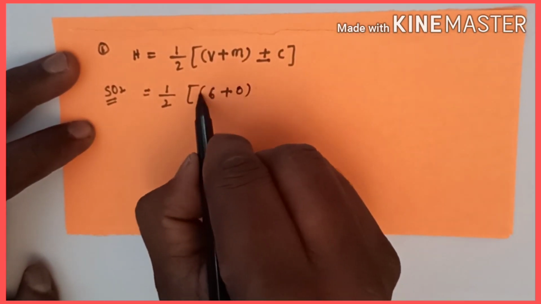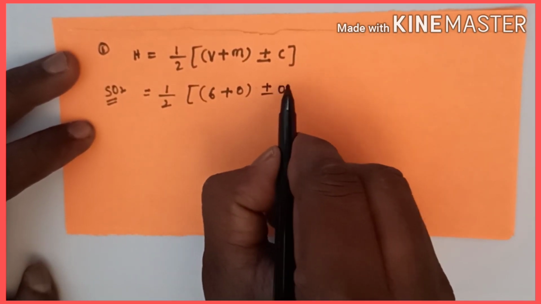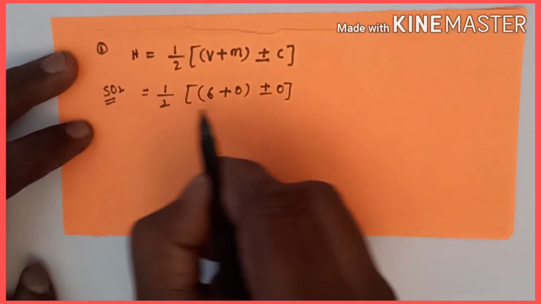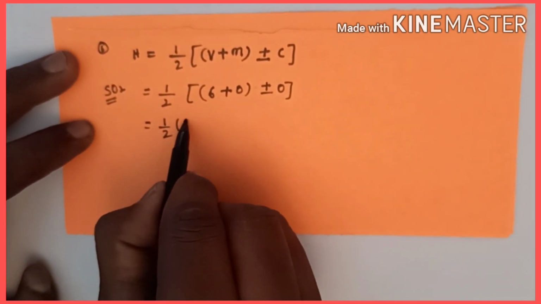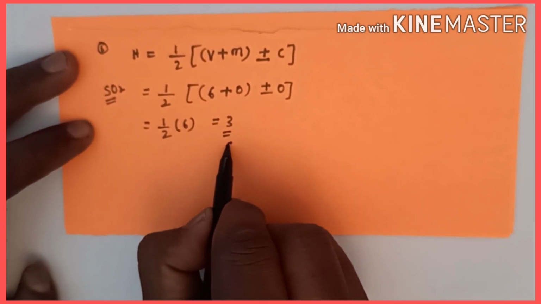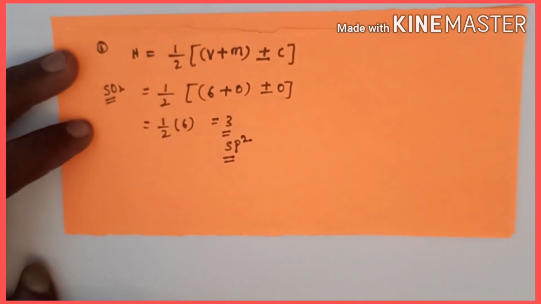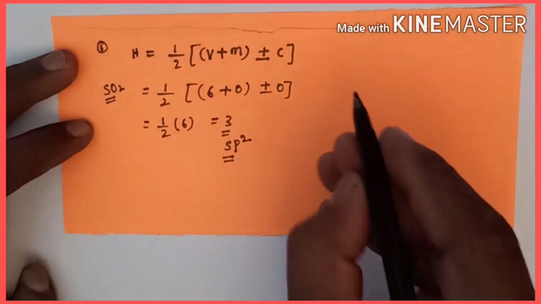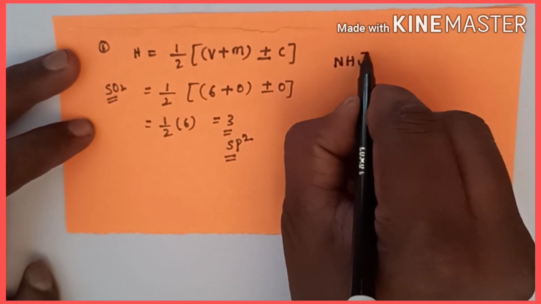Monovalent atoms connected here, none, 0, plus or minus 0, since it is not a cation and not an anion. Then it is half into 6, which is 3. If it is 3, hybridization is sp2. Is it perfect?